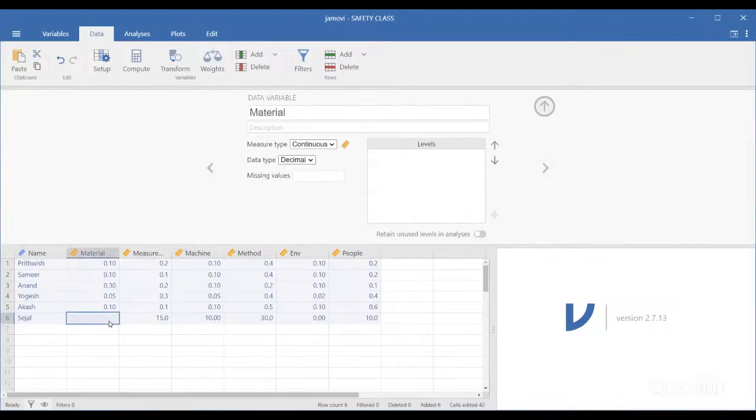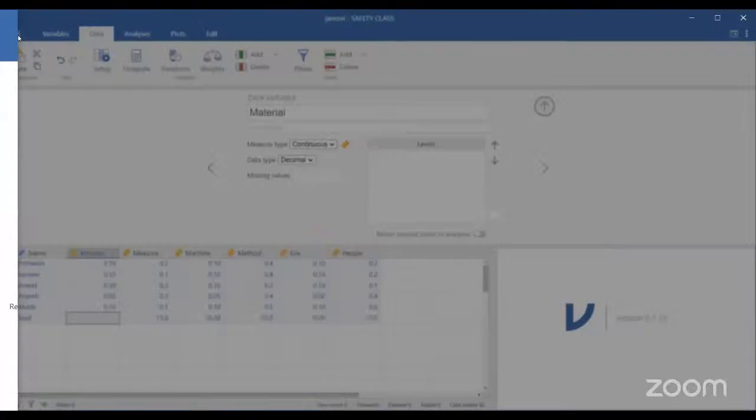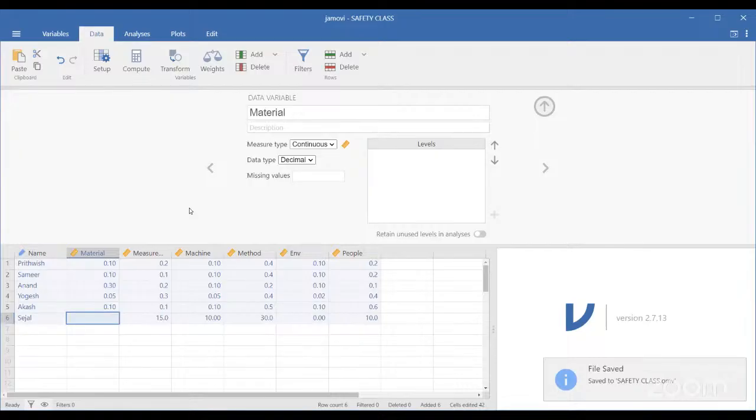Okay, you can type, no problem. 0.1. Okay. 0.15, 0.15, 0.10.